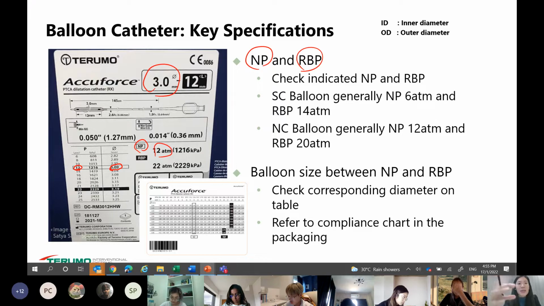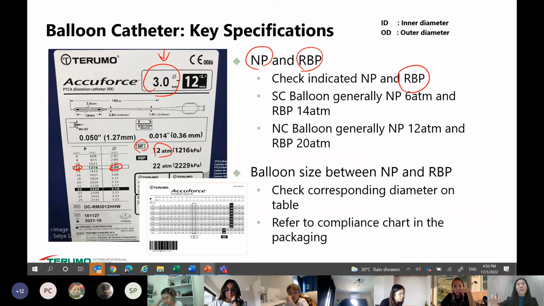Nominal pressure basically tells you how much pressure to inflate the balloon to its indicated size. But in most cases, we cannot actually have balloons for 3.1, 3.2, 3.3. So what happens is there's some flexibility in the balloon. There's something called the rated burst pressure.